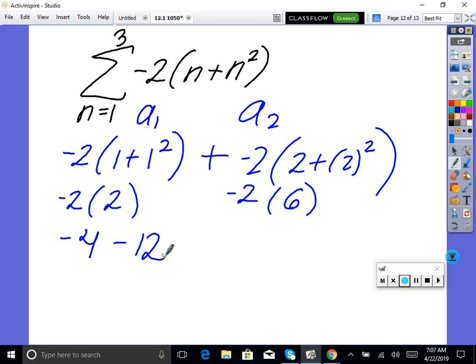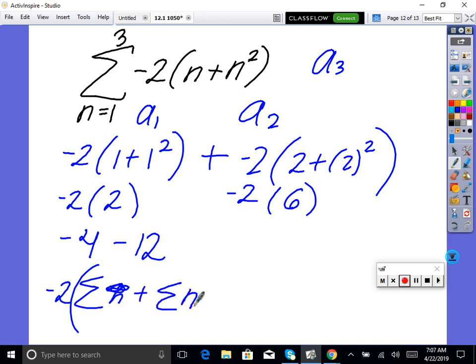I'm going to do the last one split up because they want you to see it. So we could find a sub 3. I feel like it's so much harder just to split the thing up. Because then what you do is you pull out in front negative 2, and then you would have the sum of n plus the sum of n squared. So that'd be negative 2 and then parentheses, the sum of n is, we're at 3, aren't we?